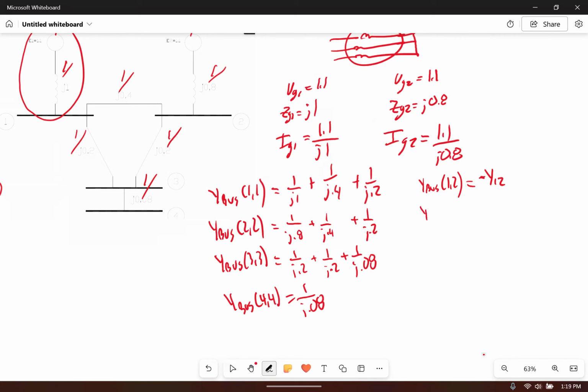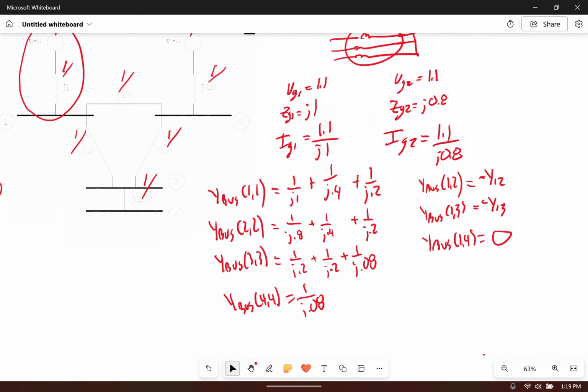And then we do Y bus 1,3. That's equal to the negative of y13. Now, I'm going to look at y14, and you can see that there's no direct connection. So that means it's equal to 0. There is a y14, right? y14 is infinity.